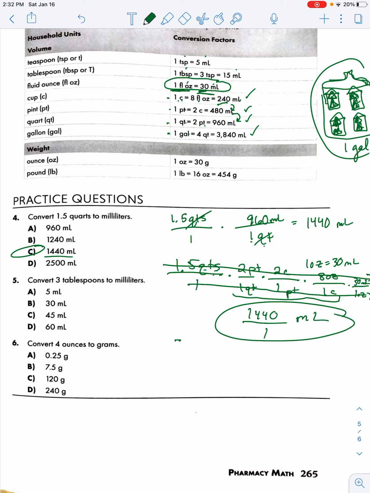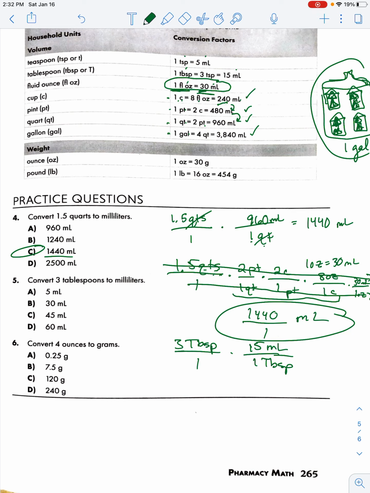Number 5, convert 3 tablespoons to milliliters. I'm going to brain fart here. 3 tablespoons. Convert that to milliliters. So 1 tablespoon is 15 milliliters.